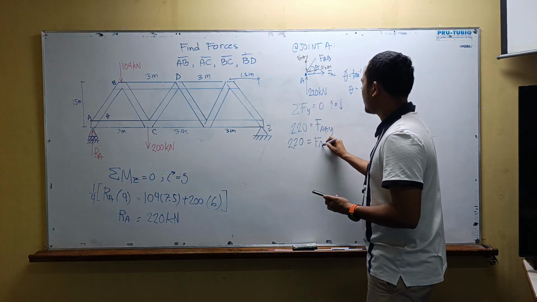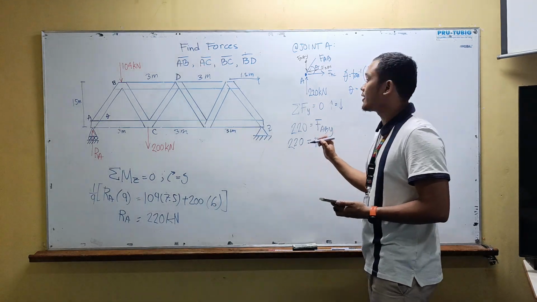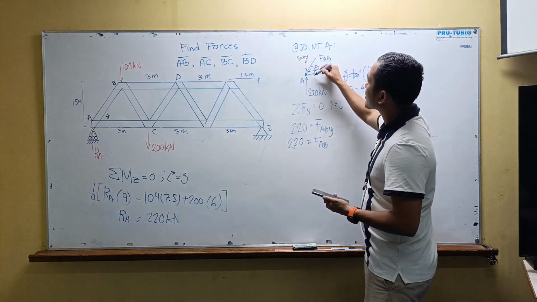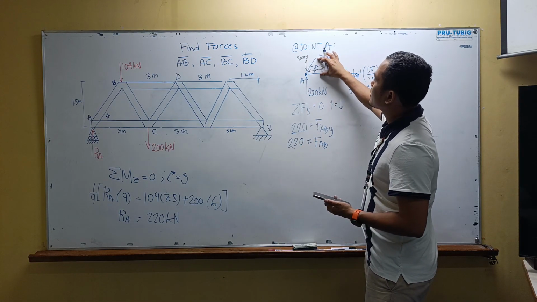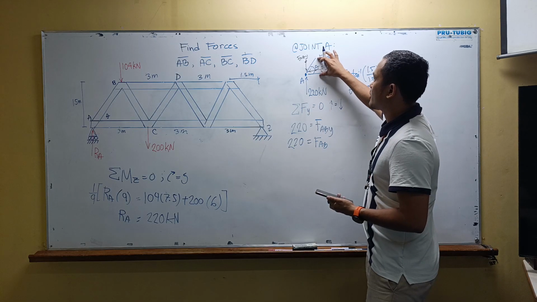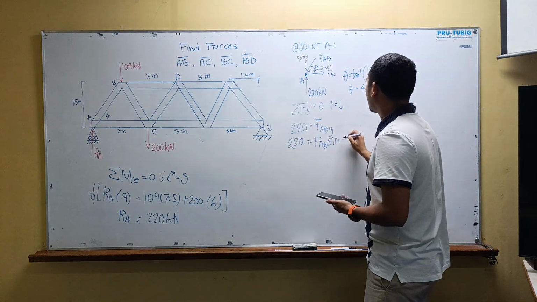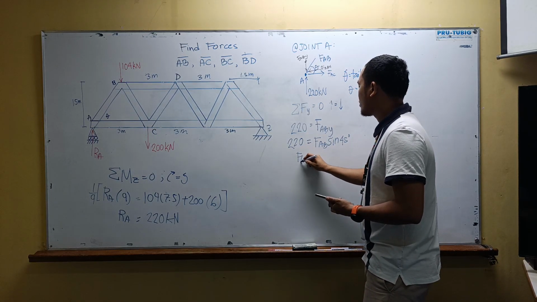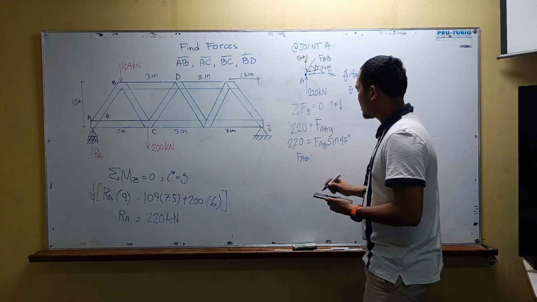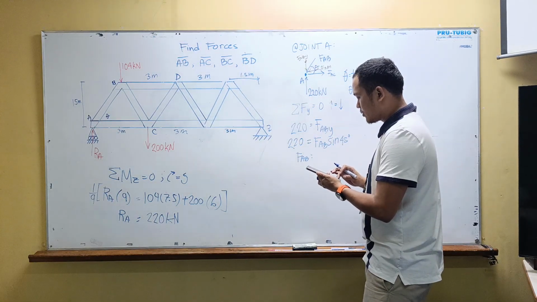Okay, so 220. Now that's FAB. Now we're going to use sine because this is your angle and the opposite, so we could just translate it here and that should be the opposite of the angle. So we will use sine 45 degrees. Now you can solve for FAB. FAB then is 220 divided by sine 45.